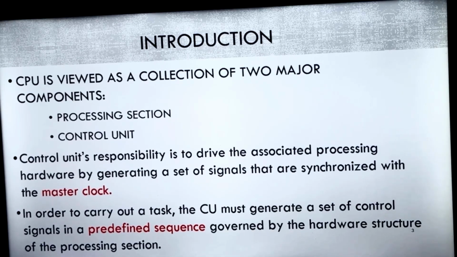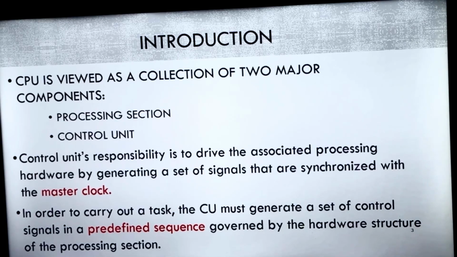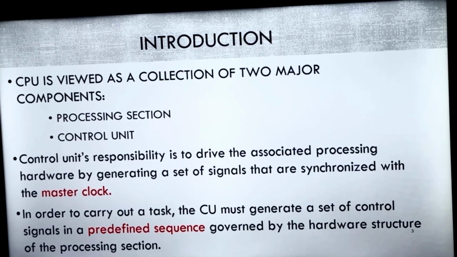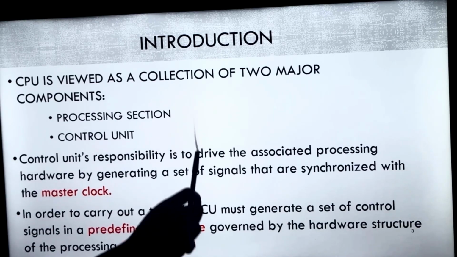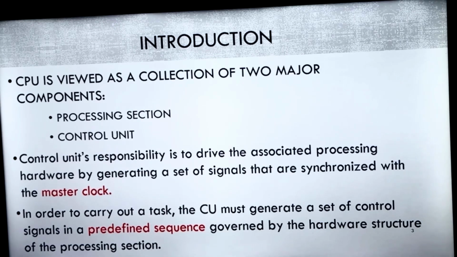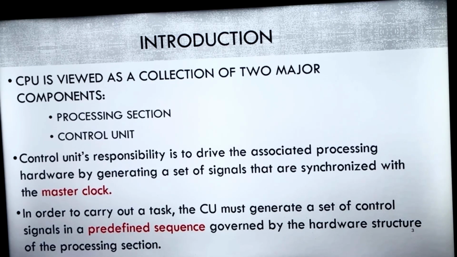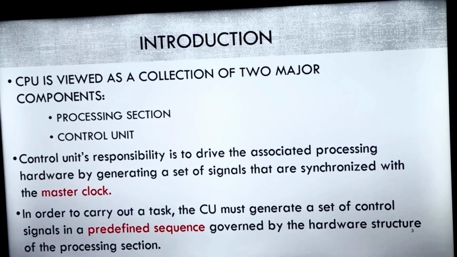Command signal is used when you want to stop your control unit forcefully. You can provide commands like stop, restart, clear by using this command signal input line. So there are three input lines to control unit, and there is only one type of output it will generate: the control signals to control the processing section hardwares.